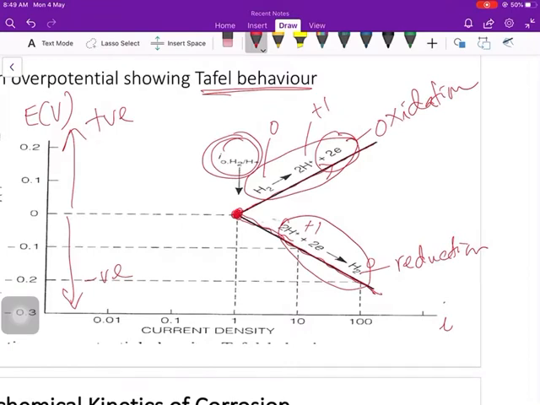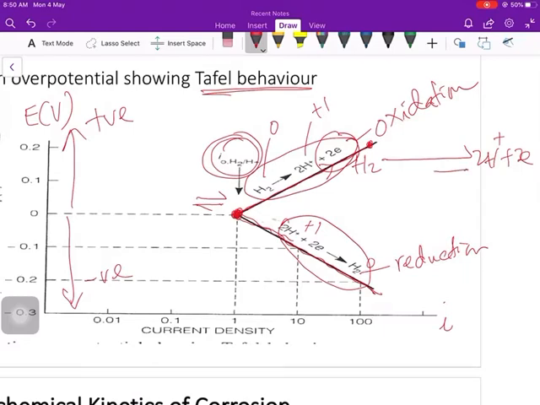So here is the exchange current density. The rate forward is equal to the rate backward. But if the potential moves upward, let's say here, it means that in the forward oxidation, H2 will form 2H plus and 2 electrons.